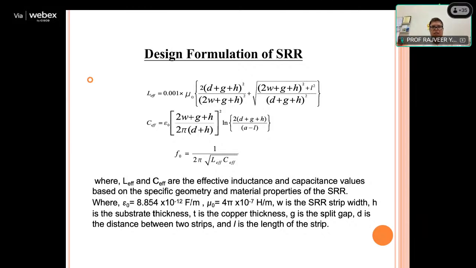That is the dimensions, and where the dimensions are being placed. So L effective, C effective are the effective inductance and capacitance values. These values will be decided based on the structure. SRR will have length as well as gap. Gap generally decides the capacitance value, and the length of the ring will decide the inductance value.